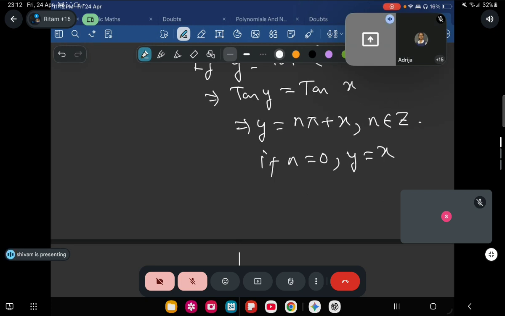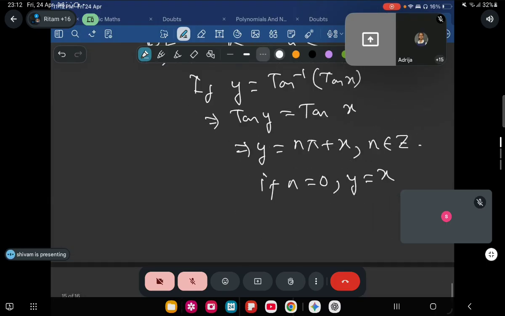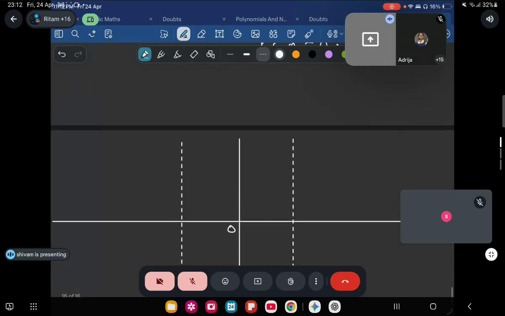Okay, this is 0, this is pi by 2, and this is minus pi by 2. Since it is y equal to x, let us draw it from minus pi by 2 to pi by 2. This is how the graph is going to look.